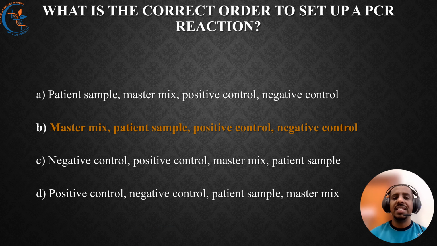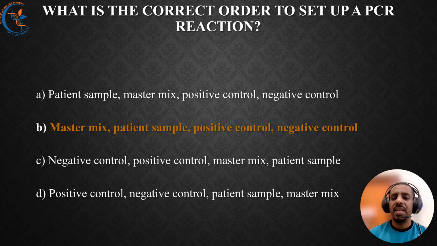All right. First, add the master mix to every tube. This provides the essential components needed for the reaction. Next, add the patient sample to the tube designated for testing. In a separate tube, add the positive control, which contains a known DNA sequence to confirm the reaction worked correctly.